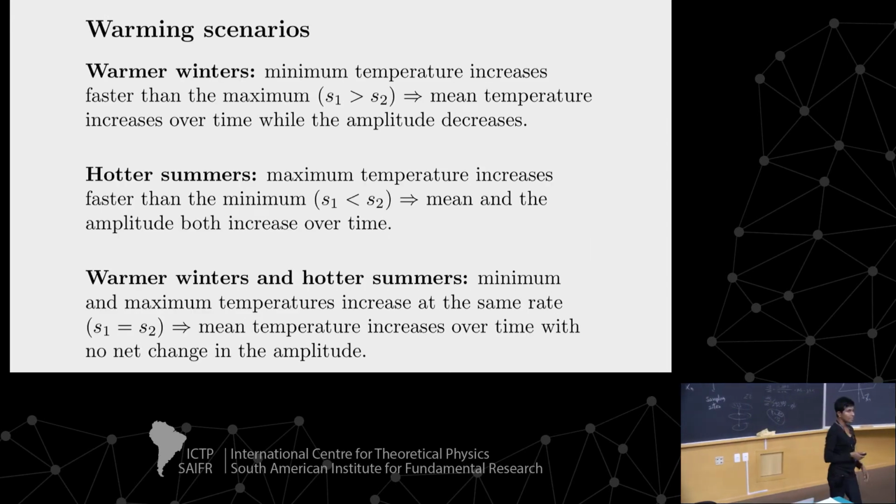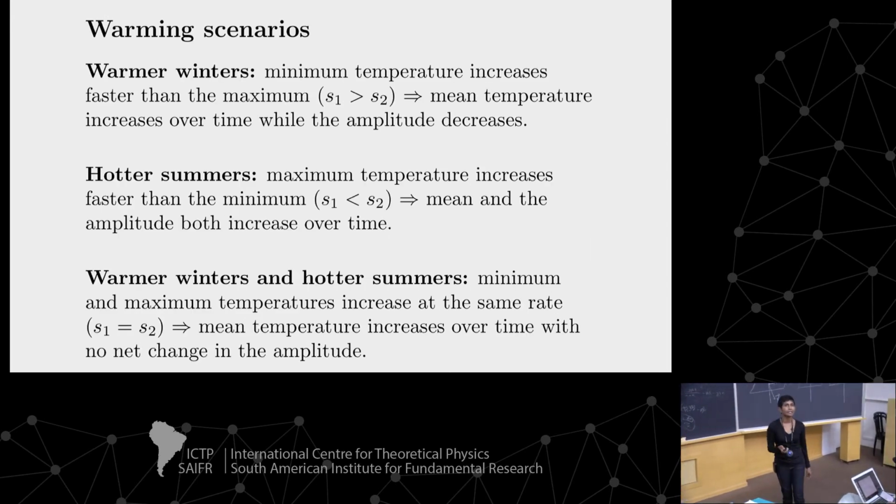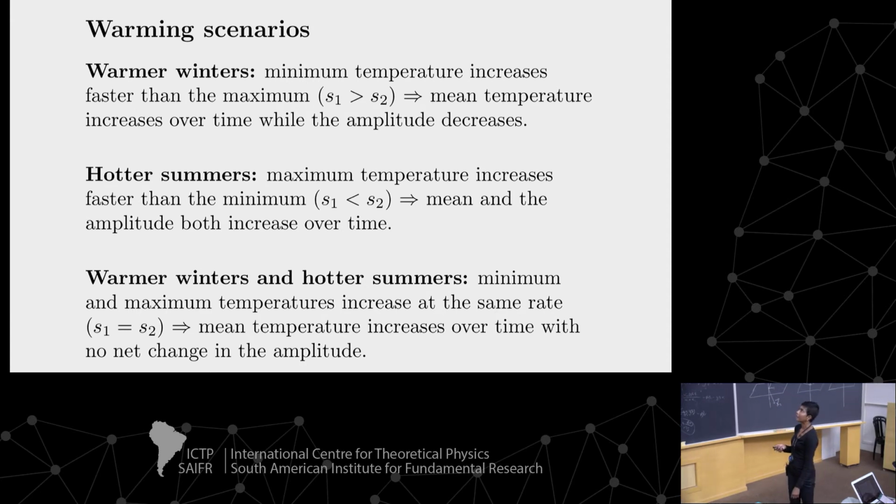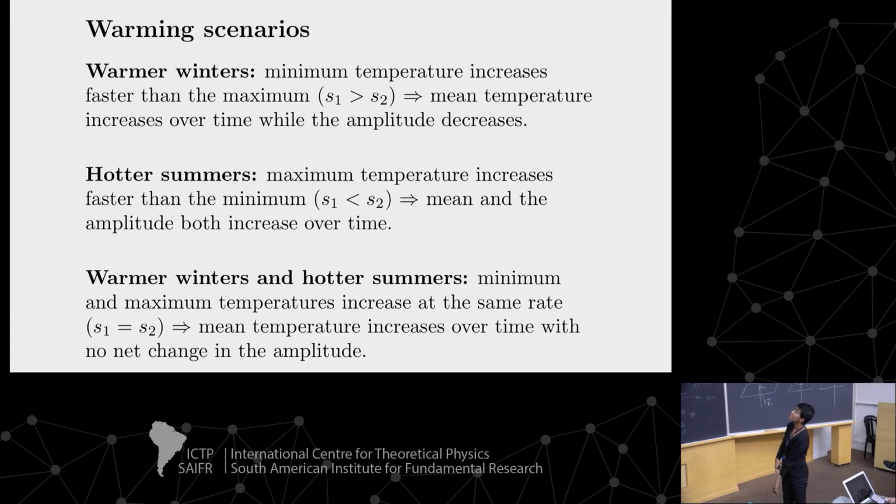Now the warming scenarios. We are going to consider these two warming scenarios that the IPCC has emphasized. Warmer winters means the minimum temperature increases faster than the maximum temperature. What does that do? The mean increases, but the amplitude decreases, right?